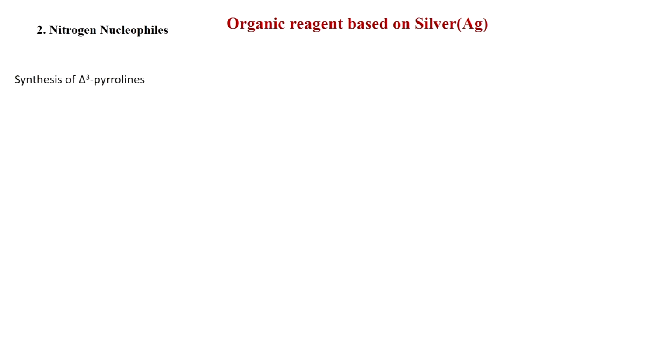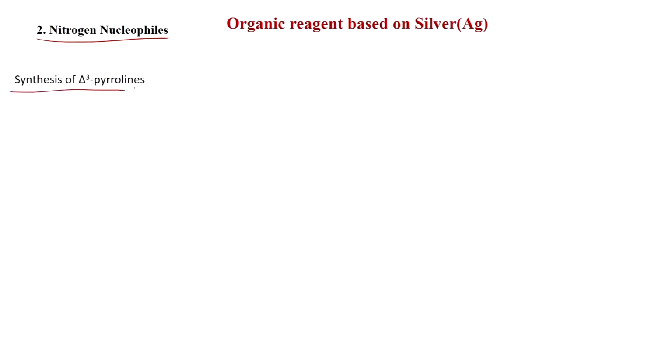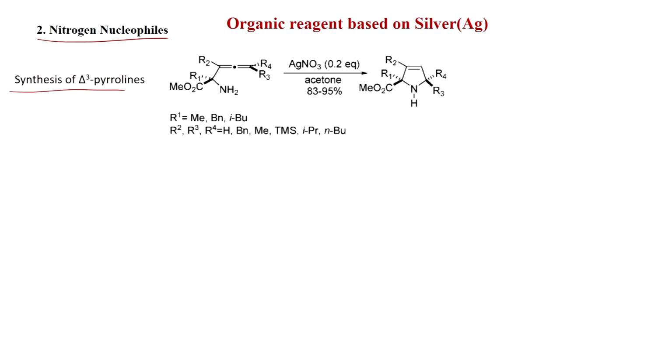So, now we will discuss nitrogen nucleophiles. Wherever oxygen nucleophiles work, nitrogen nucleophiles also work. So nitrogen nucleophiles to allenes we will see, and synthesis of delta 3 pyrrolines. Like here, you can see this is a chiral allene system as well as an extra chiral center is present here. This is the amino ester motif, and with silver nitrate 0.2 equivalent in acetone solvent you get this product in 83 to 95% yield.